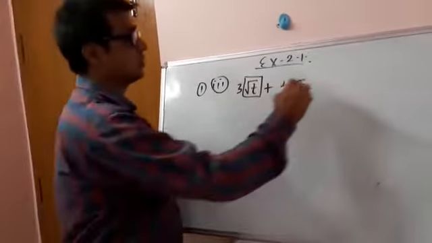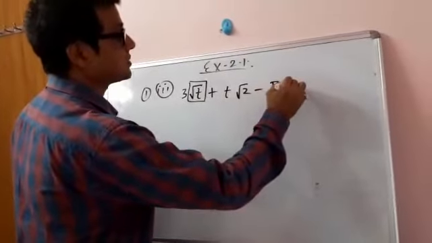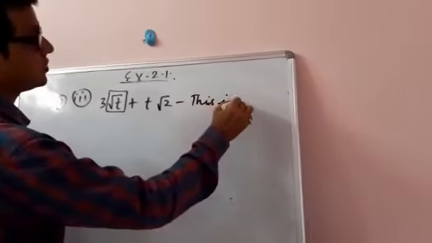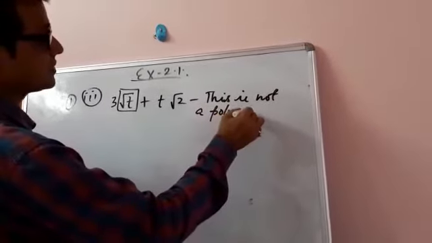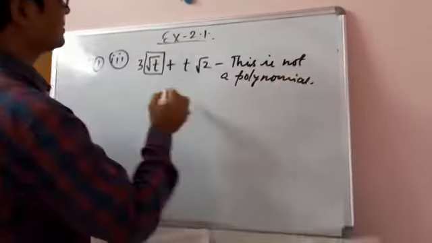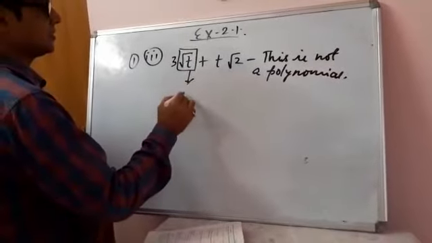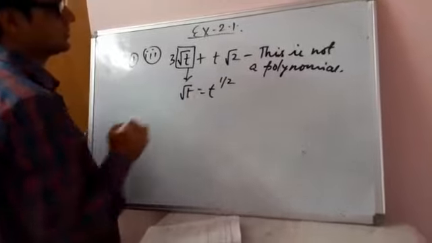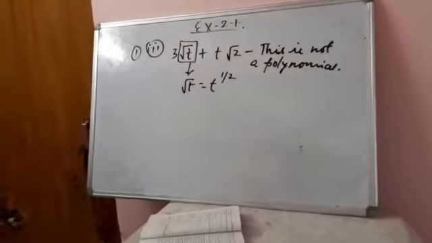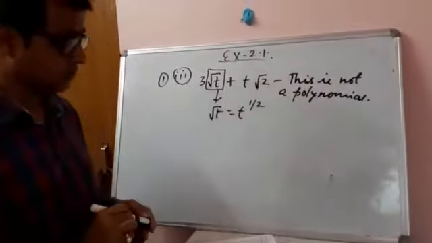So this is not a polynomial. What is the reason? The reason is t has a power of square root. T means t to the power half. What is the degree of t? It has a degree of half. So it is not a polynomial.